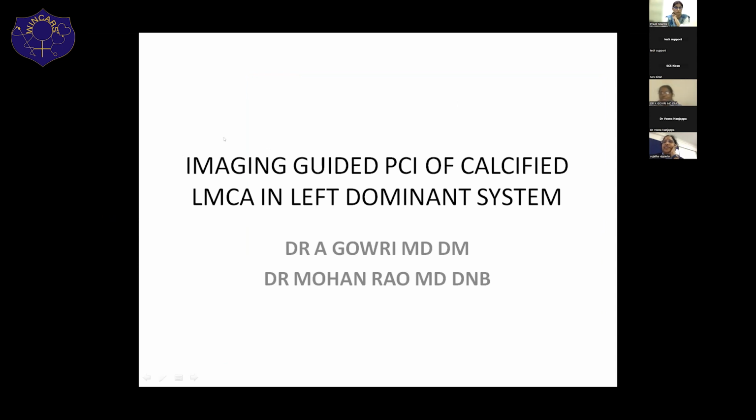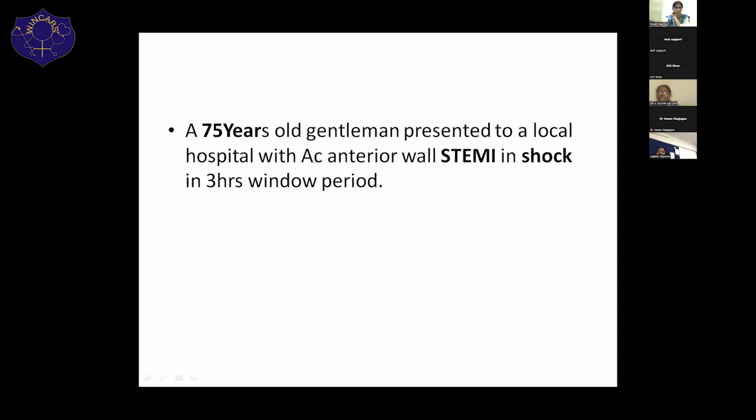Yes. Good to go. This patient presented, this is from the STEMI program, madam. This patient presented with an inferior wall MI, RBBB, and he was in shock. BP was not at all recordable. The local physician called me somewhere in the night, and the patient is 75 years old, his pulses and BP were not recordable, and ECG was showing RBBB.